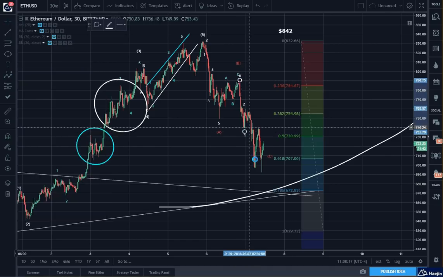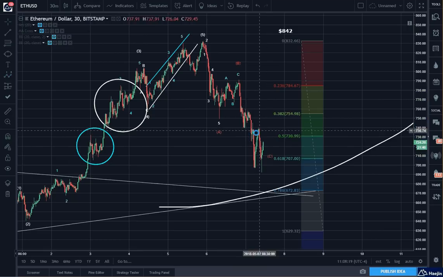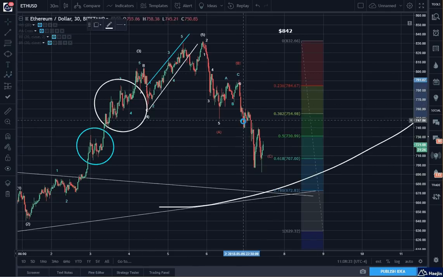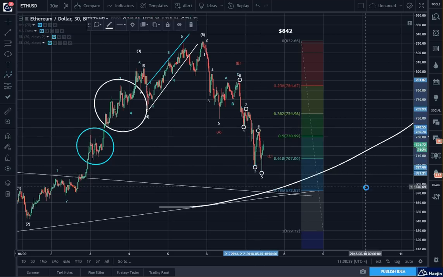1, 2, trying to see if 1 and 4 will overlap. I think they are okay by the skin of their teeth. For now, we can put it this way.